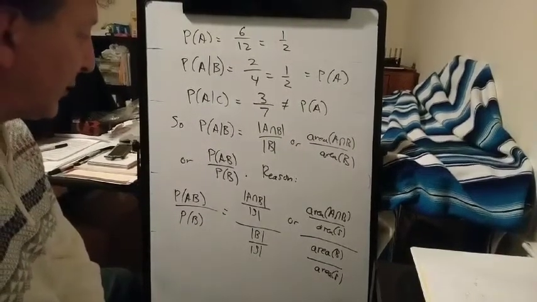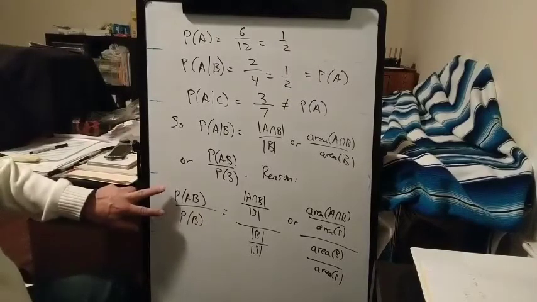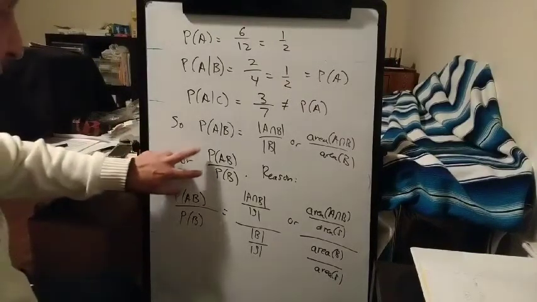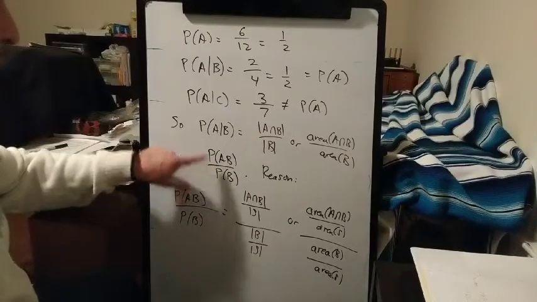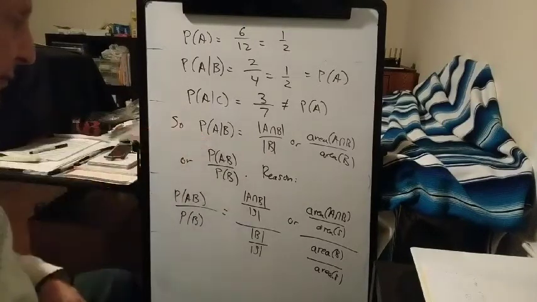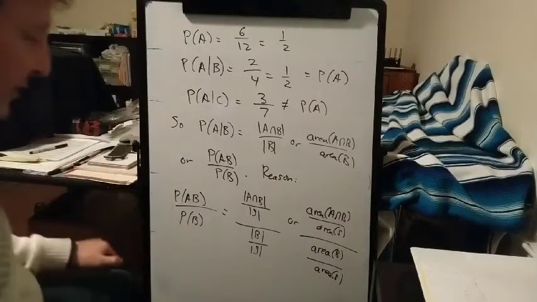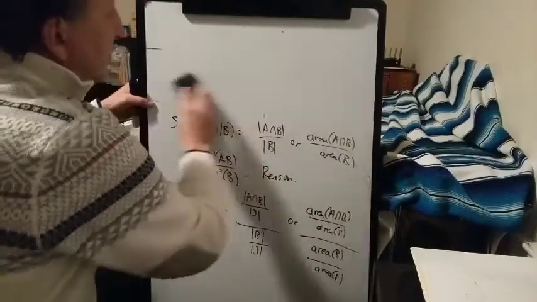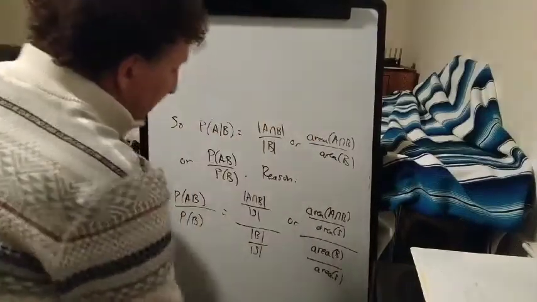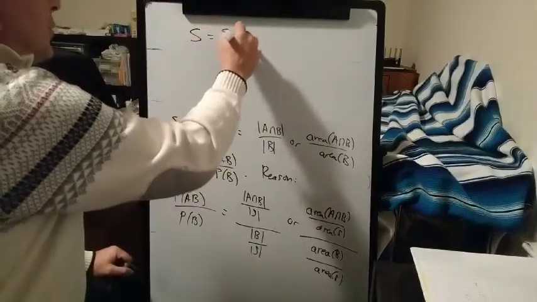Alright, now let's redo the previous example using the ratio of probabilities definition, so the P of AB over P of B formula for probability of A given B. We'll get the same answers. I just want you to see what the difference in computation is. So again, let's say S is the numbers 1 through 12.